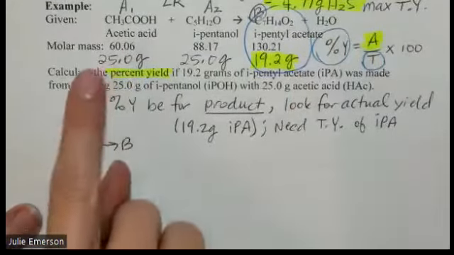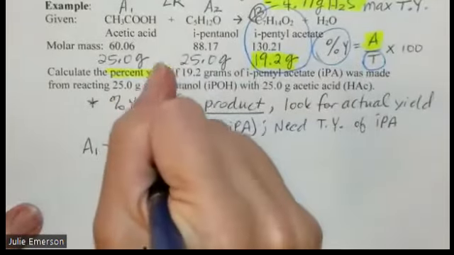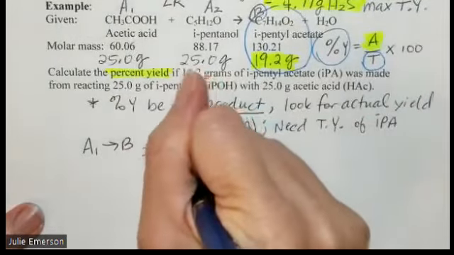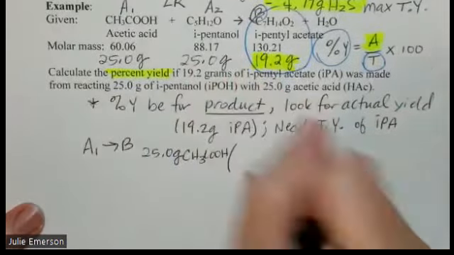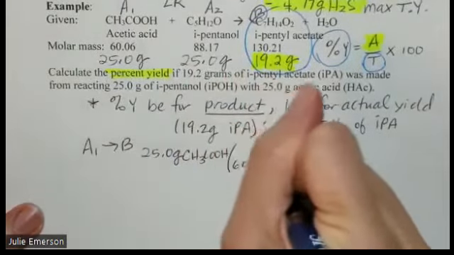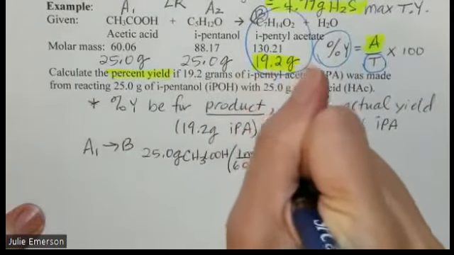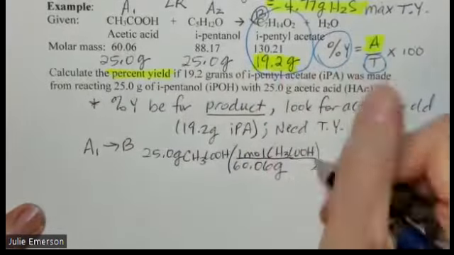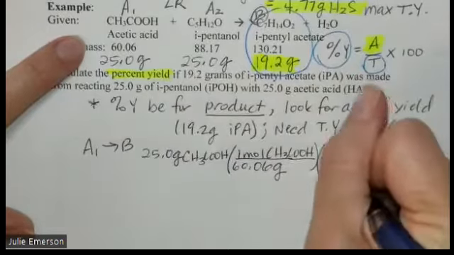All right, so starting with 25 grams. I've got 25 grams of the acetic acid, CH3COOH, and the molar mass is 60.06 grams per mole. I'm being lazy. I didn't put the substance down on the bottom. Then I need the mole to mole ratio. In this case, it is just 1 to 1.